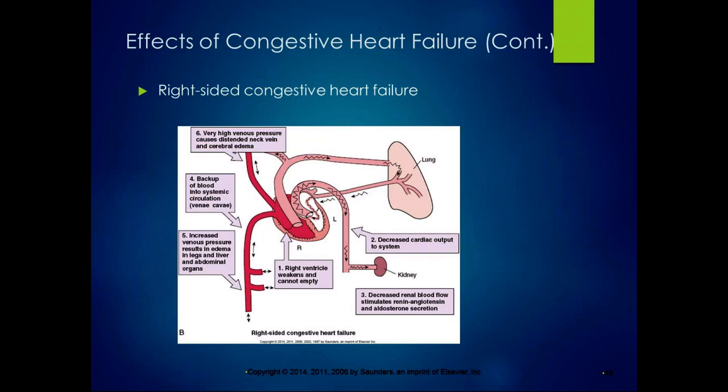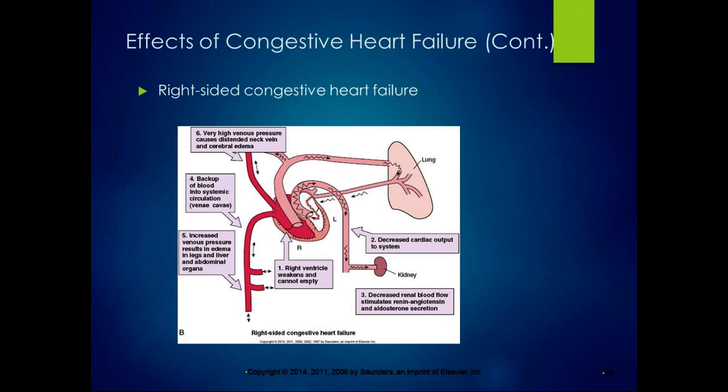With right-sided heart failure, the right ventricle weakens and can't empty, so you're getting less going into the lungs. You still get decreased cardiac output because not only is it not going into the lungs, it's also not going into the left ventricle, and you still get decreased renal blood flow, stimulating renin, angiotensin, and aldosterone secretion, affecting your blood pressure. You get backup.